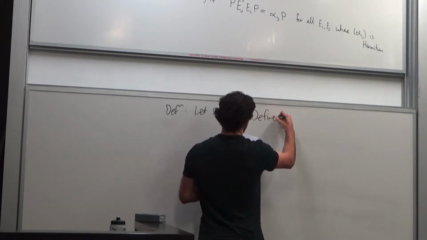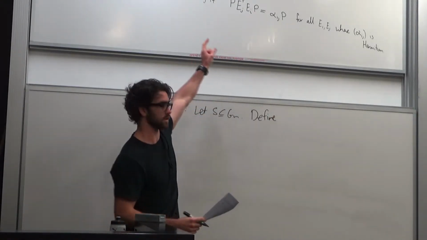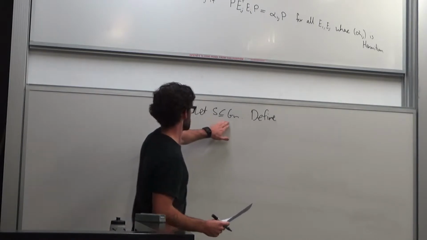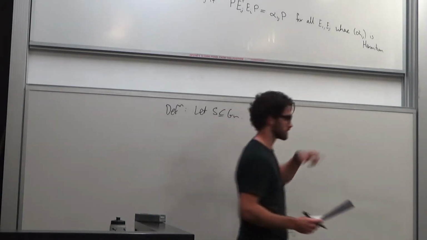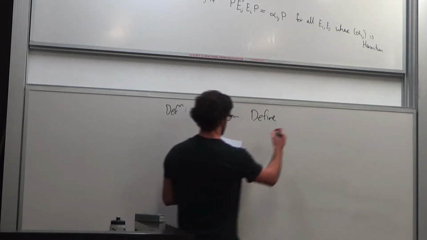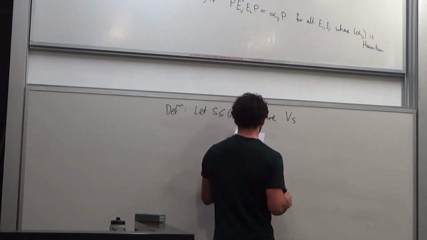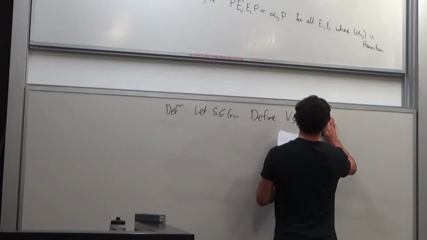And you remember last week that a quantum code is a subspace of a Hilbert space. We're going to be able to use this formalism to define these codes, to define the subspace of a Hilbert space, which we'll see as we go along. So we're going to define this space V sub S to be the subspace.